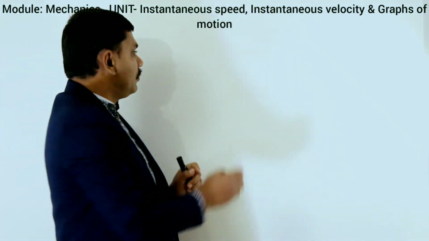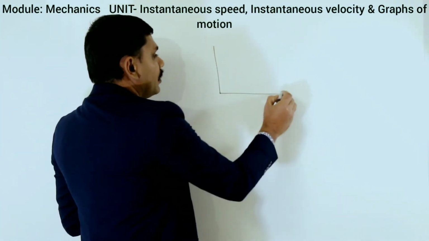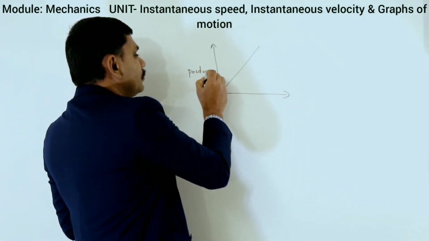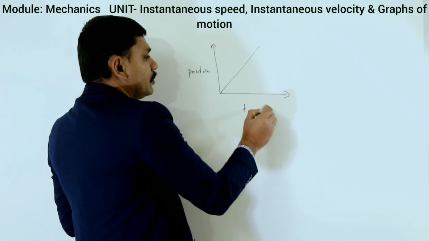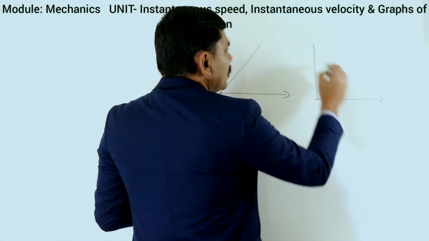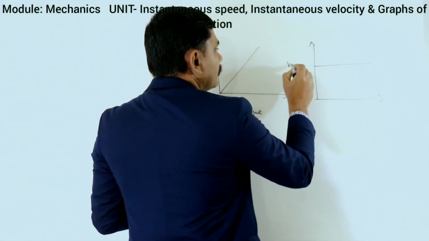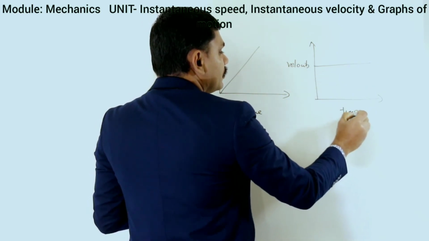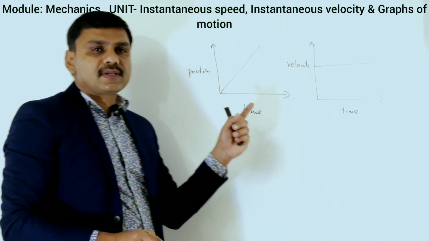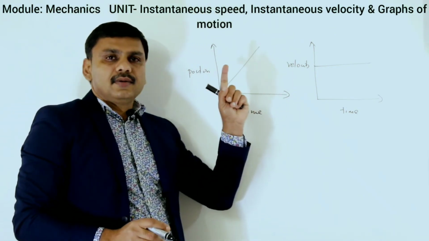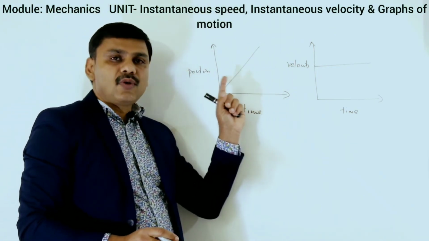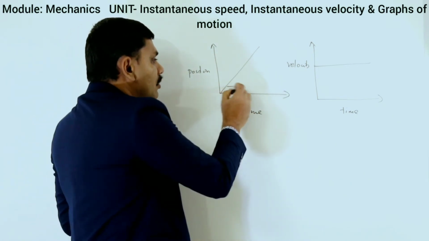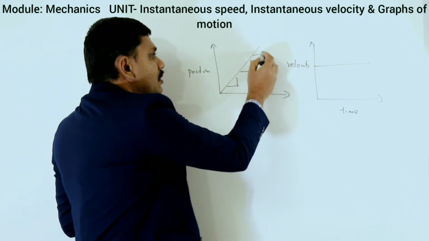Then how will you draw the uniform velocity graph, or constant velocity graph? You can draw it with position time and velocity time. These two graphs represent the object moving with constant velocity. If you take the gradient anywhere, you will get the same value.